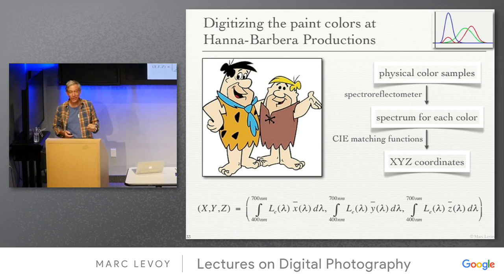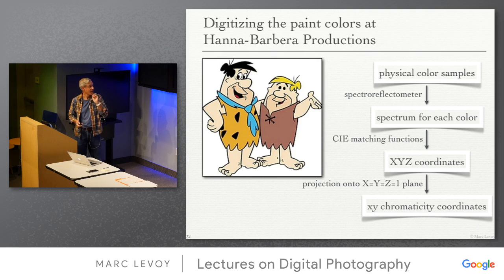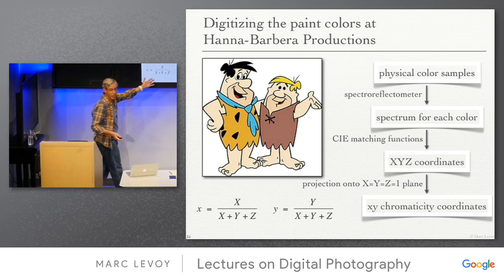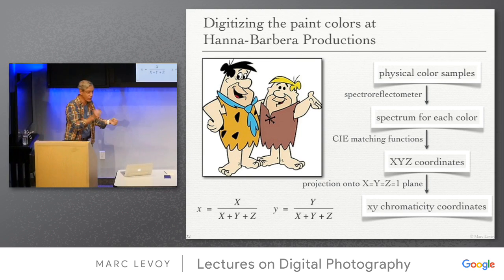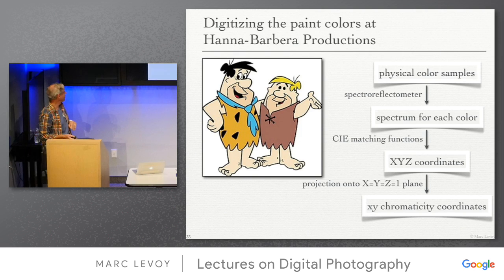So I had to know my color theory in order to do this. So they send back X, Y, Z. I could then factor out the brightness if I wanted to and just get little x and little y. And then there are the same projection equations that I showed you that project all the points onto the triangle that's halfway through the XYZ cube in this case. And then I could look at the colors for Fred Flintstone.